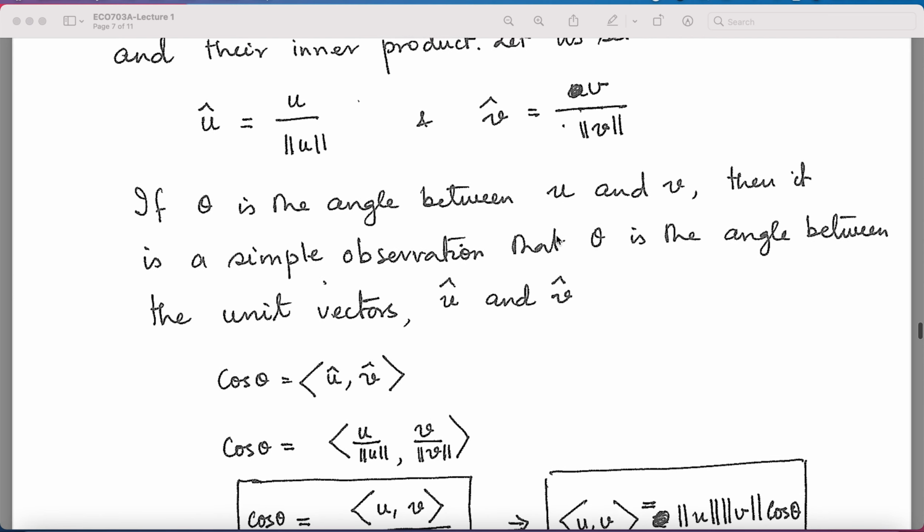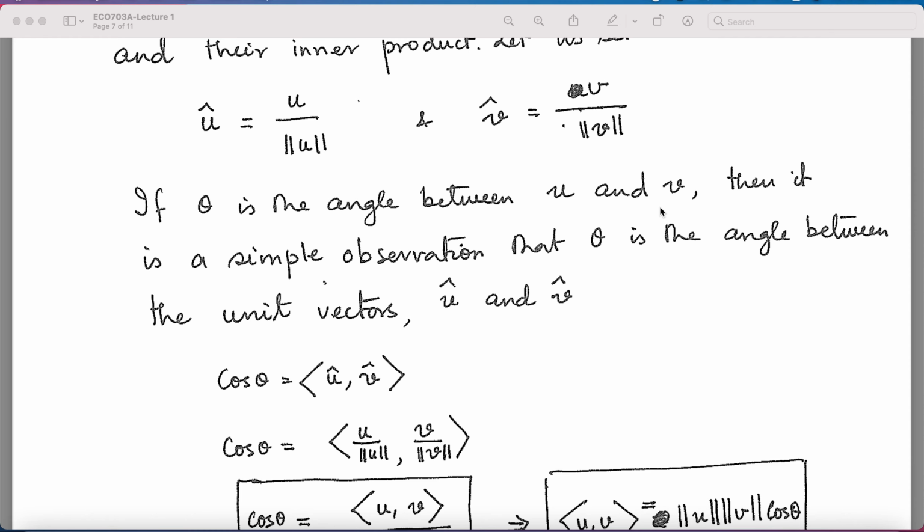So, if theta is the angle between u and v, the key idea is to notice that if you have a vector u and a vector v, and you have scaled them by 1 by norm u and 1 by norm v, the new vectors u hat and v hat would lie along u and v themselves, that is, they lie along the same direction.